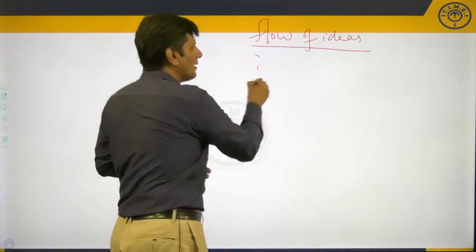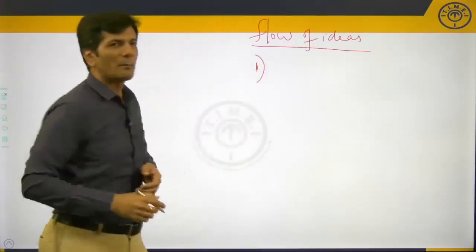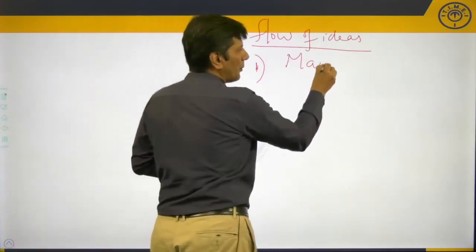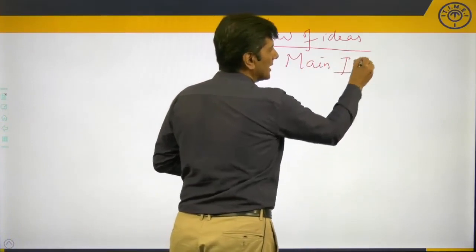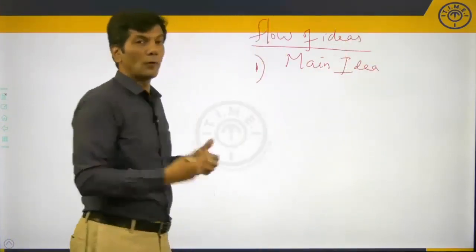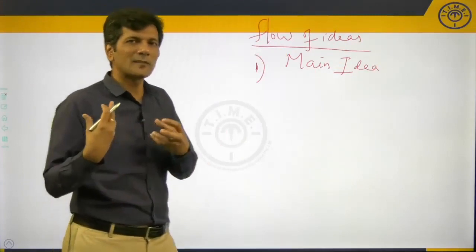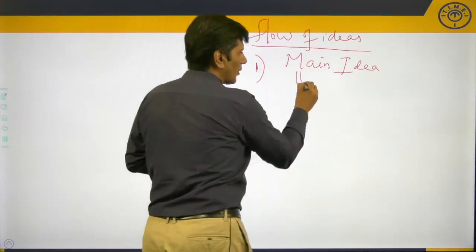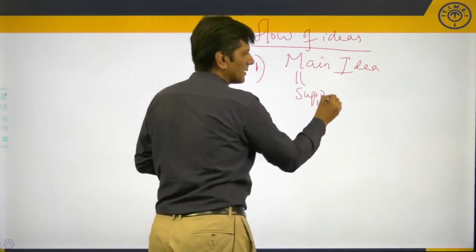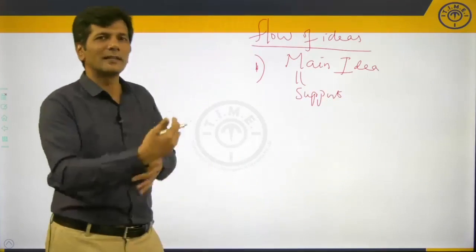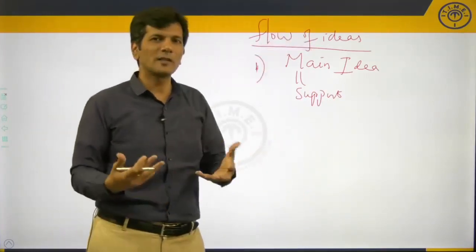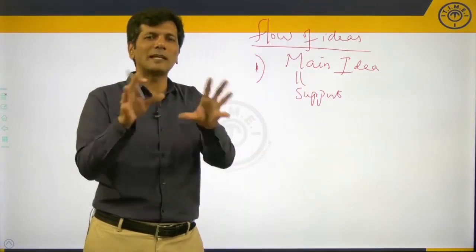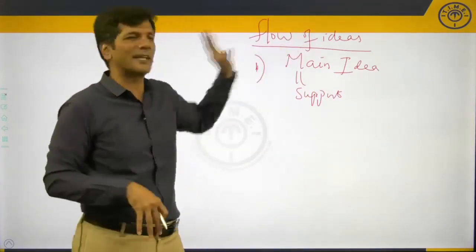Now, one method in which passages could be presented to you is where the main point, let's call it the main idea, because we're talking in terms of flow of ideas, is presented at the beginning of the passage, and then the support for that main idea is developed later. In other words, the author has made his point, announced his point, and then he goes about giving you details about why he thinks what he thinks.